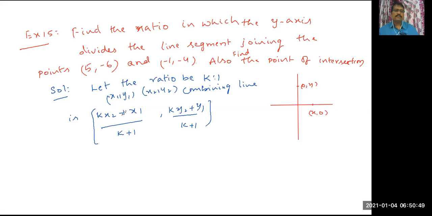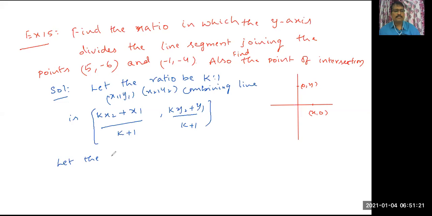y యాక్సిస్ ఇంటర్సెక్టింగ్ రేషియో ఈస్ k is to 1 అంటారు అన్నమాట. అదే రాస్తాం. Let the ratio be k is to 1, then by section formula. ఇదే దెన్ బై సెక్షన్ ఫార్ములా రాద్దామా? ఇక్కడ ఫస్ట్, మళ్ళీ ఇక్కడ తీసుకుందాం.